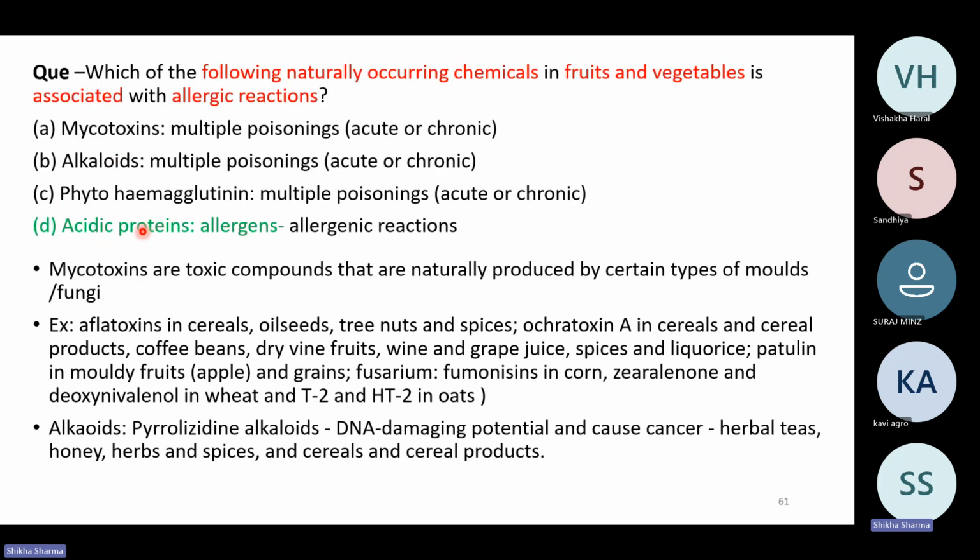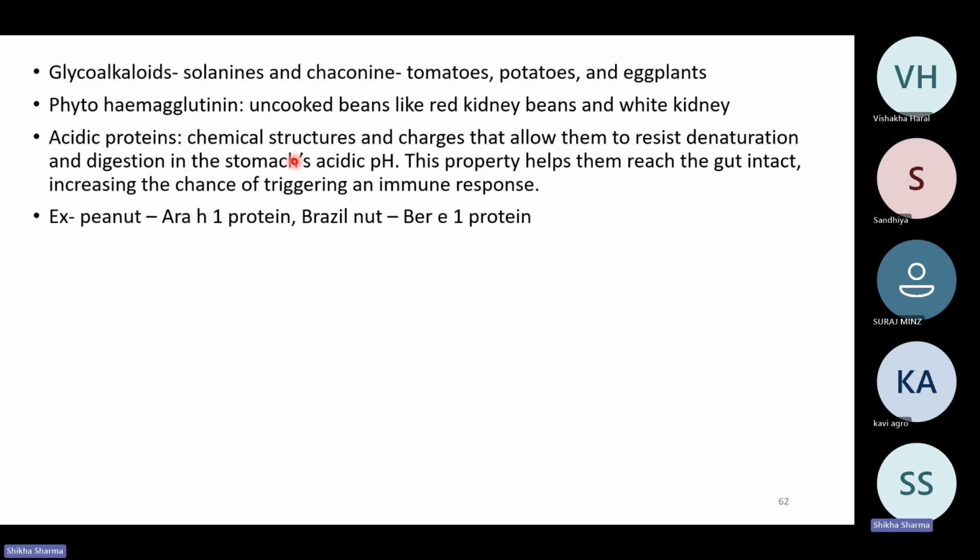Proteins are the compounds that cause allergic reactions. Because of their chemical structure and charges, these proteins resist denaturation and remain intact even at low pH, so they are more resistant.